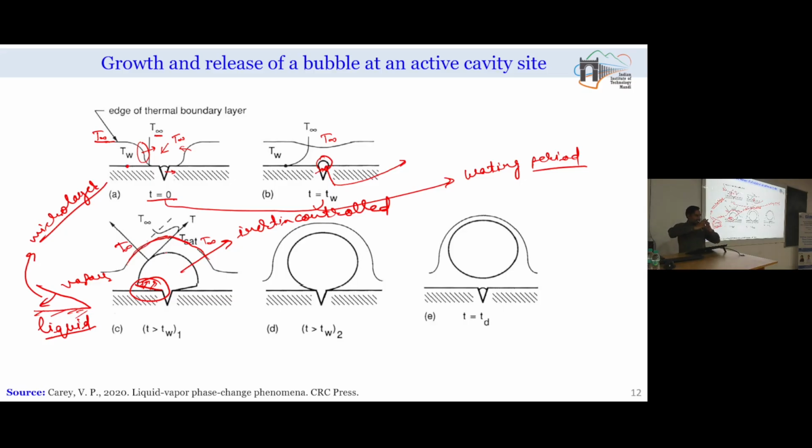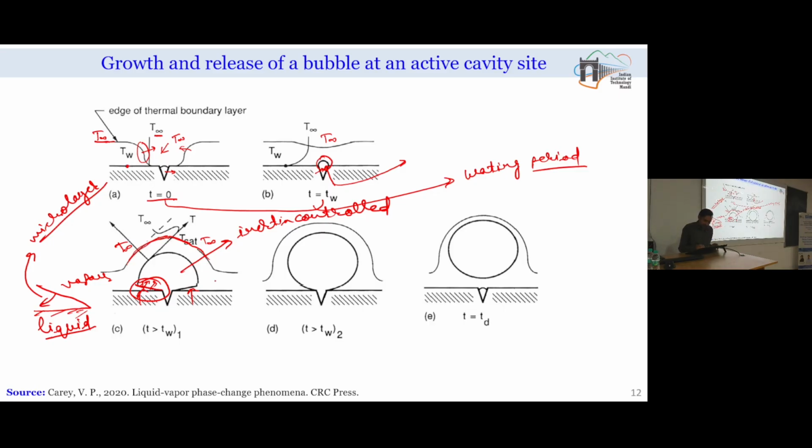Once the bubble has become significantly large, whenever you find growth in its size, then rather than inertia, the heat transfer rate also comes into the picture. Because now, if you have a sufficient amount of vapor, of course it will experience some temperature decrease because of the immediate transfer of heat to the vapor medium.